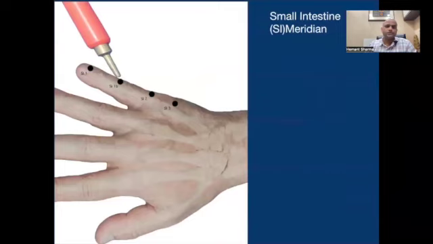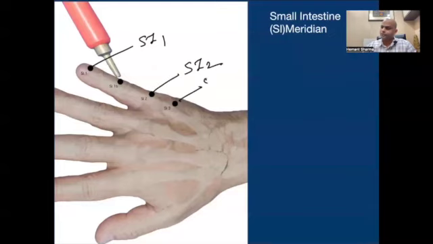Now let's see, this is the small intestine meridian. So we can see here, this is small intestine 1, same like the TCM. And in the TCM this is small intestine 2 and this is small intestine 3. But as per Dr. Voll, he found some more points like small intestine 1A, 1B, 1C like that.